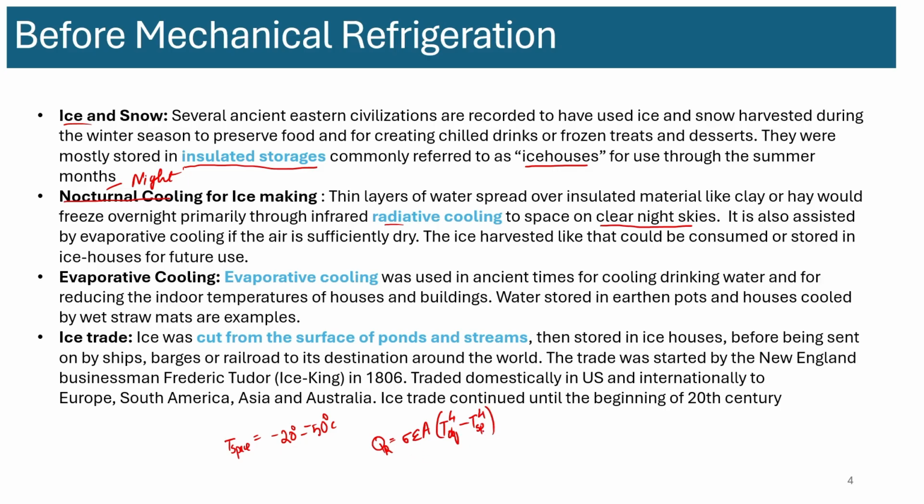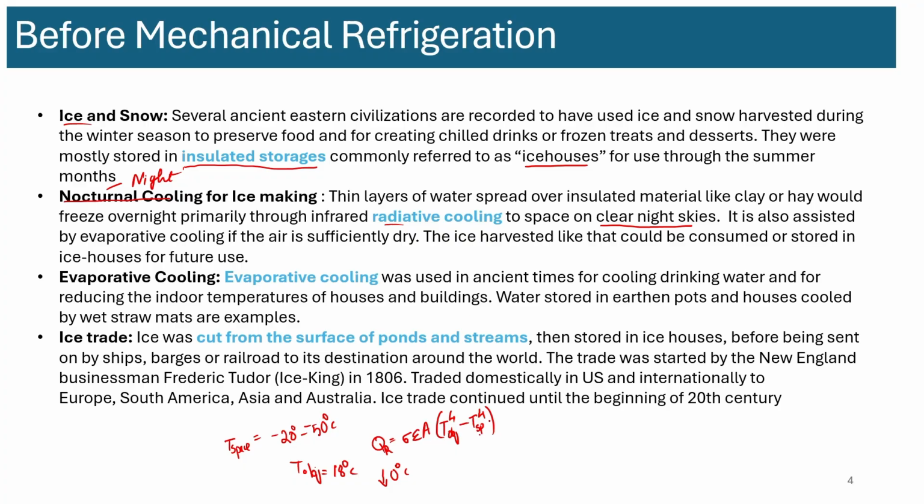Because space is at a much lower temperature, and the object, in our case water stored in a small vessel, is at say 18 degrees C, based on this equation it can cool down to below 0 degrees C. Because there is enough heat transfer occurring throughout the night.